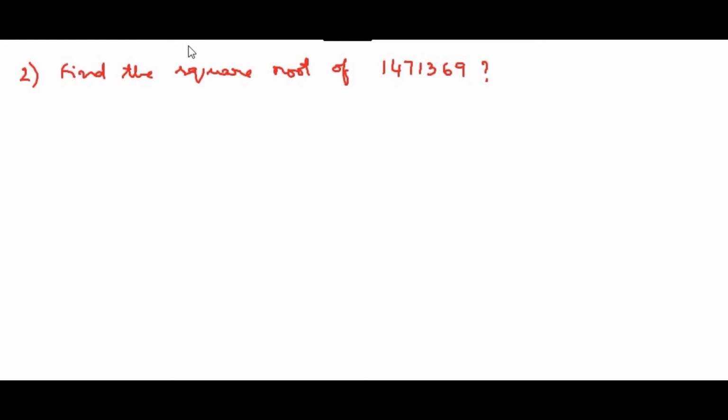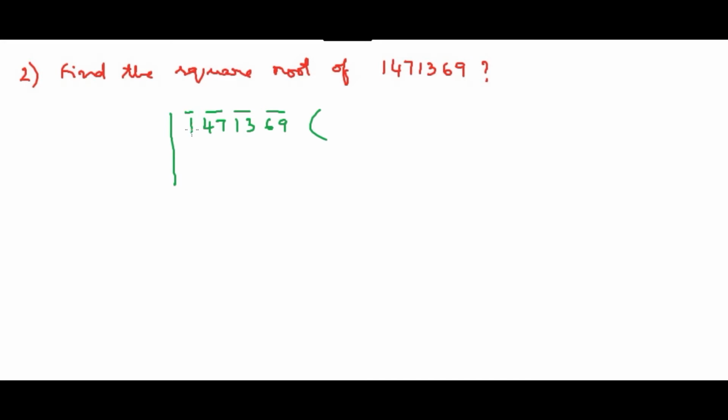This is the basic structure of this question: square root of 1431369. How to deal with this? This can be written as 1 43 13 69. From the right side we need to take two, two digits, and now we need to see the division part.